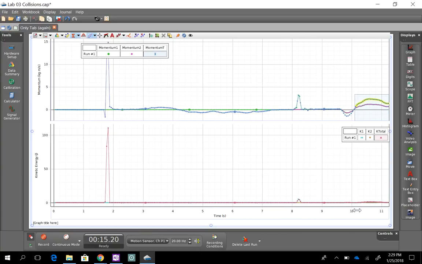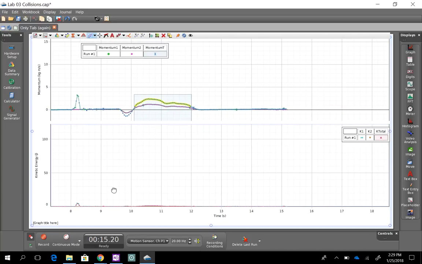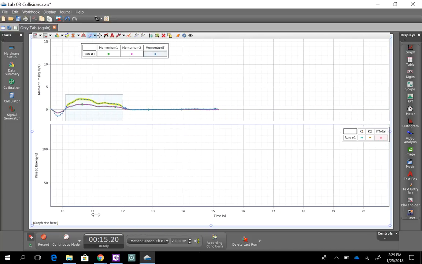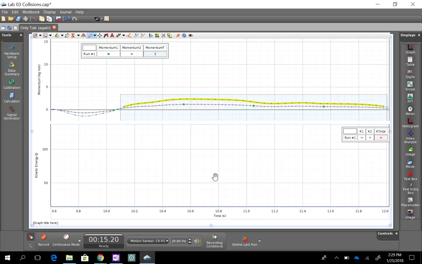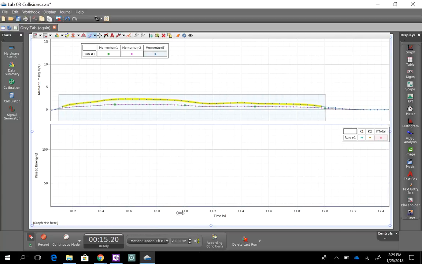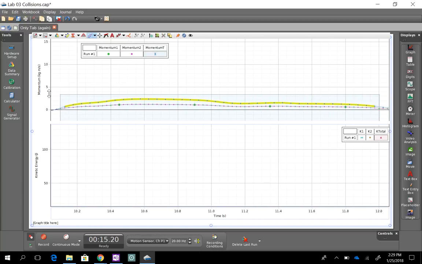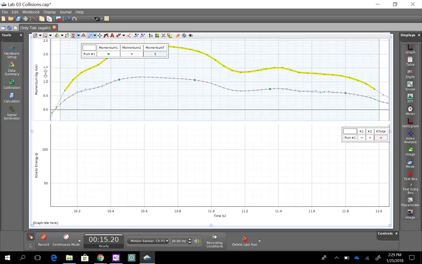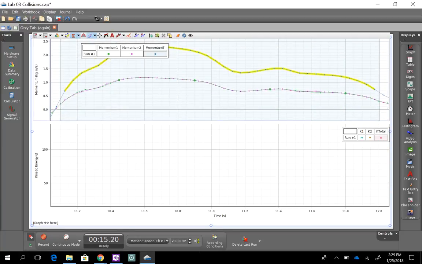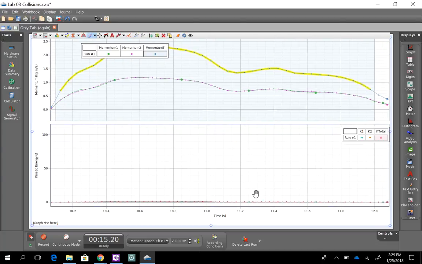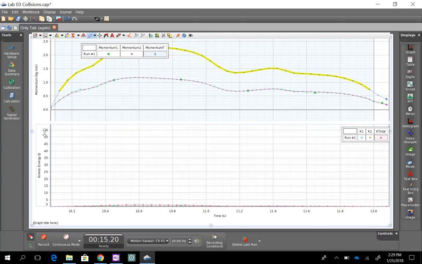Anyway, so I got to scale it manually. Scale the vertical manually. So there I've scaled it so it fits the screen. And likewise, I'd scale this one so it fits the screen.